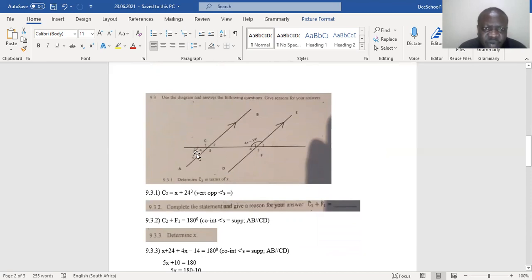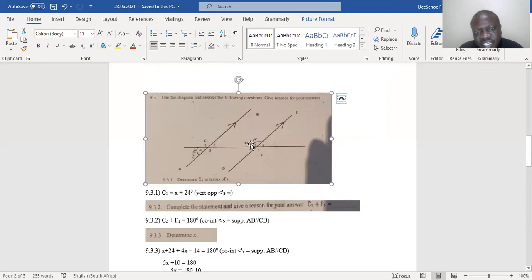Right. There is also a case where you have angles at a point. Angles around a point add up to 360 degrees because it's a complete revolution. And vertically opposite angles are equal. And in this case, you'll say angle C2 here is equal to x plus 24 in terms of x. And then these two interior angles here, they are co-interior because of parallel lines AB and ED.